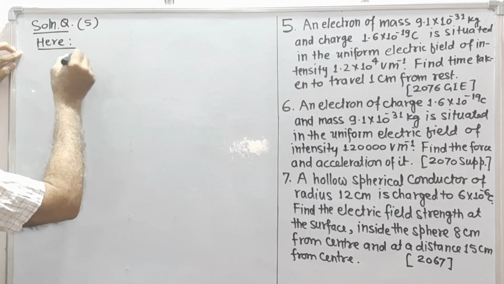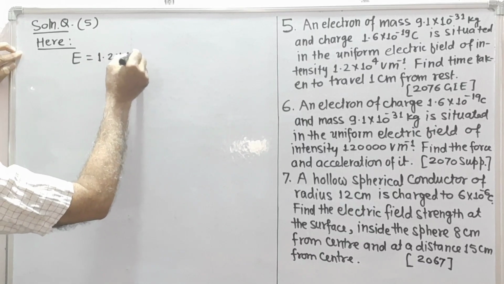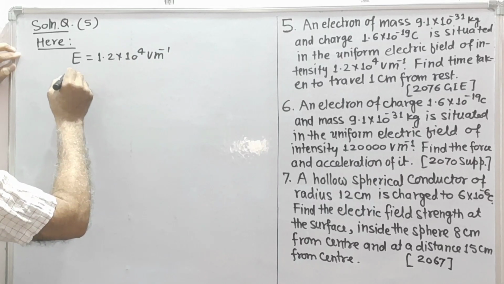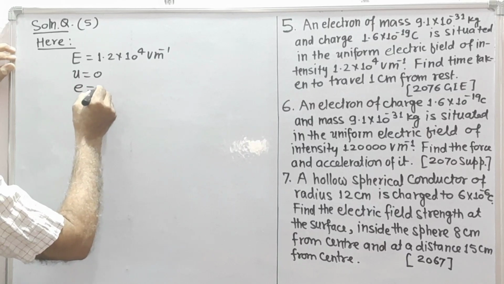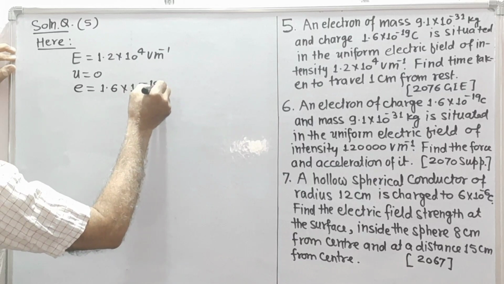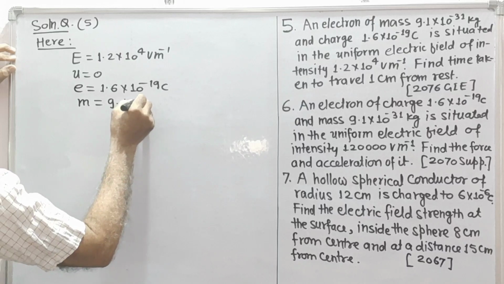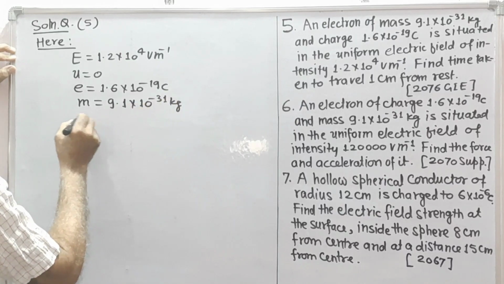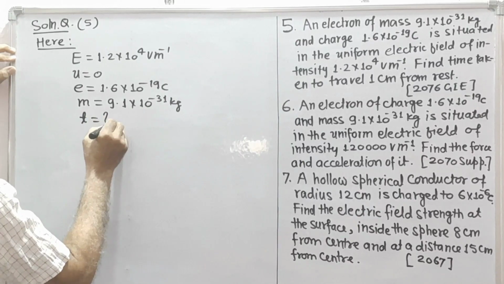In the uniform electric field 1.2 into 10 to power 4 volt per meter, the electron moves from rest. Charge of electron is e, 1.6 into 10 to minus 19 coulomb. Mass of electron is 9.1 into 10 to minus 31 kg. We have to find the time taken by the electron.